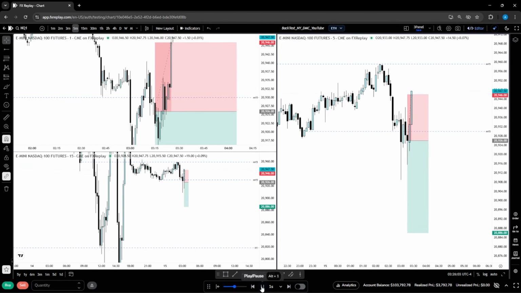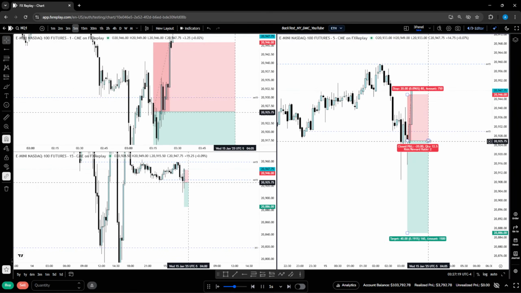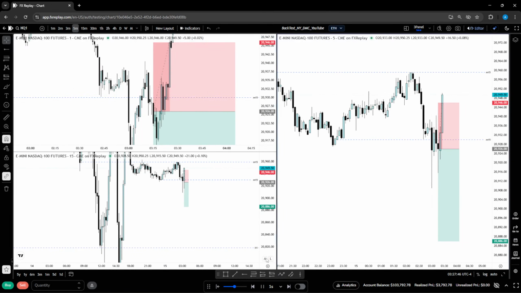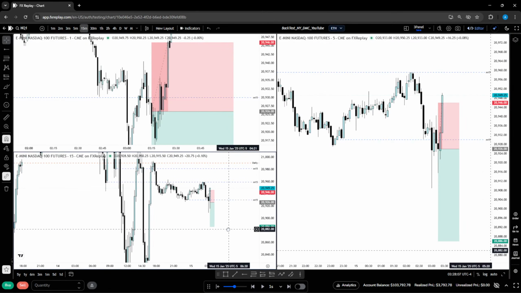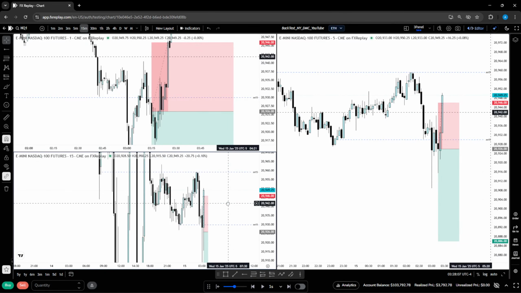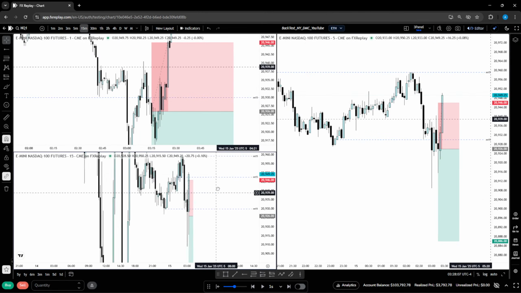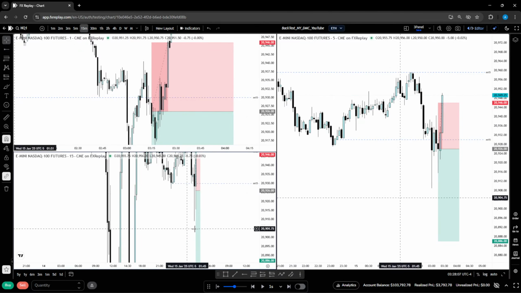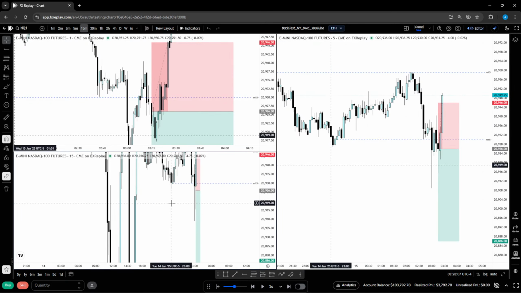So that was a failure. That was a loss. So one clue could have been this VIX and the fact that we did not strongly close below the previous low.